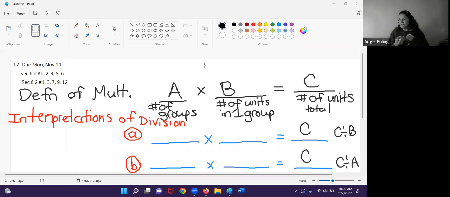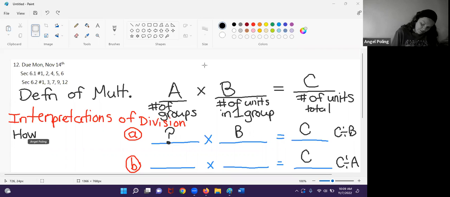And we don't really know which one it is until we put it in the frame, right? These are just two numbers at this point. But the divisor in the first one is known to be the number of units in one group. So the thing you're looking for is how many groups.